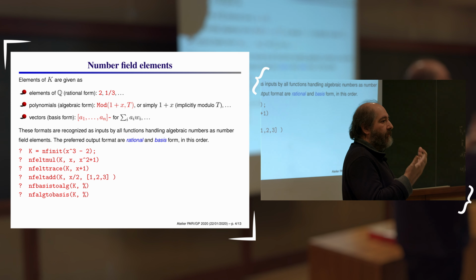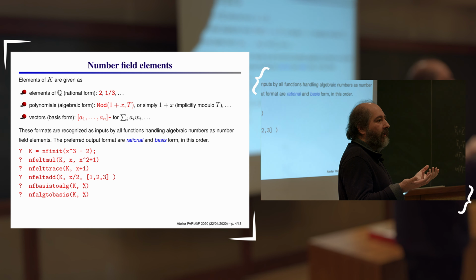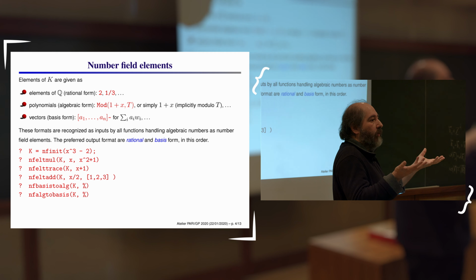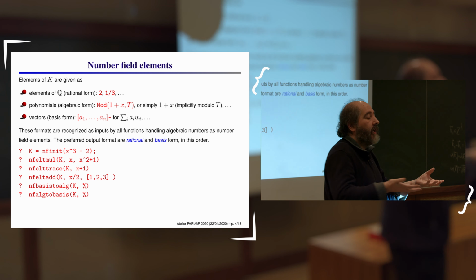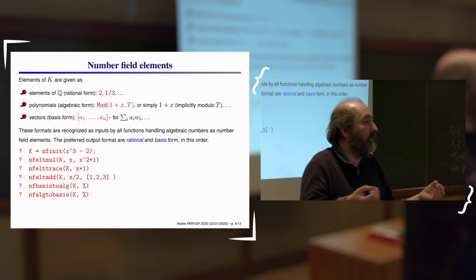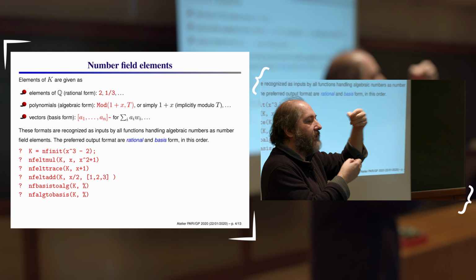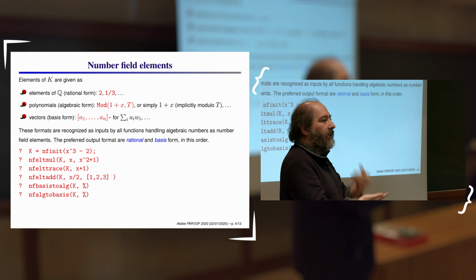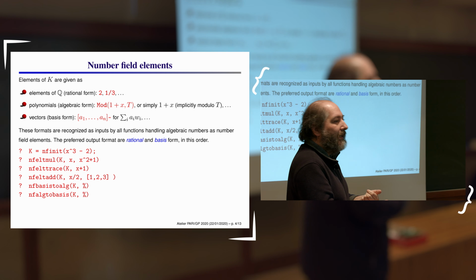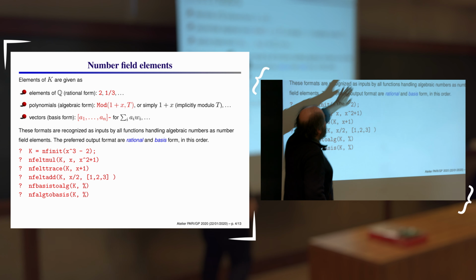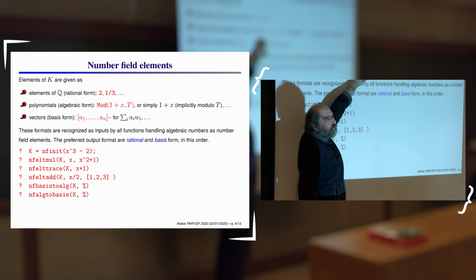You cannot compute simultaneously mod T and mod R, because you just have two irreducible polynomials, and the only ring in which you can project these elements is just the null ring. Mathematically, you want to do an extension, but as Mods, you're working in a null ring, which is not what you want to do. So this is really for a fixed number field. You cannot really do extensions in a simple way with this notation.